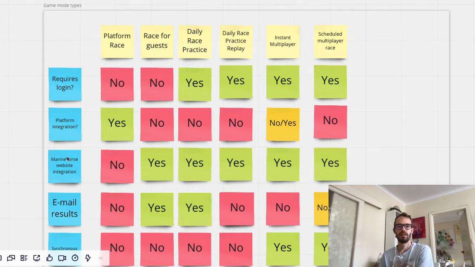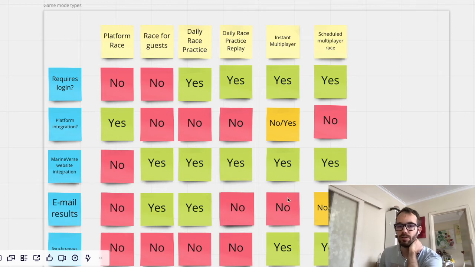Moving on to a specific detail: are you going to get an email with your race results? Currently, we don't know your email for the platform race, so the answer is no. You will get an email for your daily race practice result. With replays, you're not actually submitting your result, you're just replaying and practicing, so there will be no email.